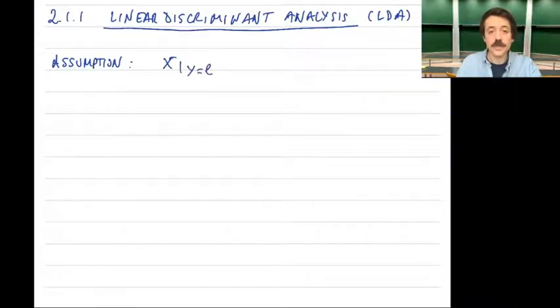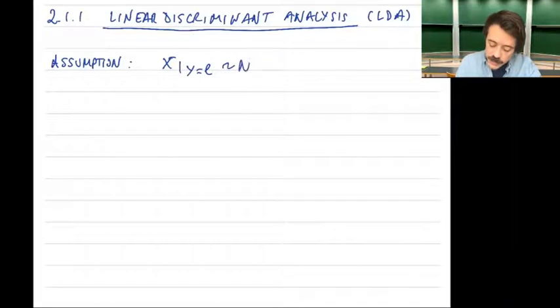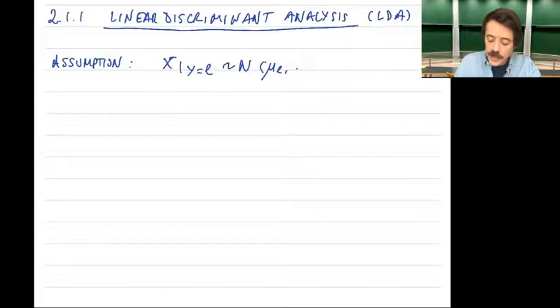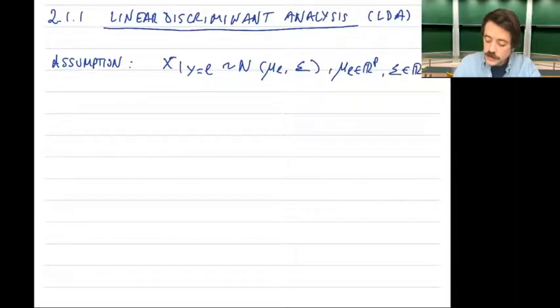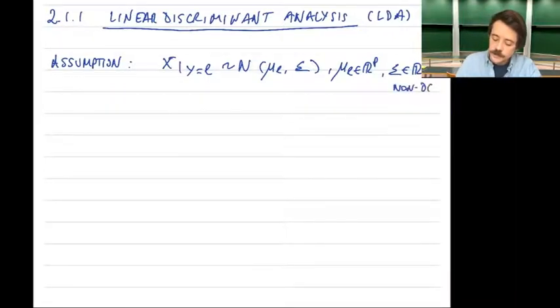So what this is saying is, if we look at the covariates giving rise to the label L, then these are going to be normally distributed according to some mean parameter mu L. This will depend on the class, and of course belongs to R^p, because we are assuming that the sample space is R^p. And then the other key assumption is that the covariance matrix is common to all of the classes.